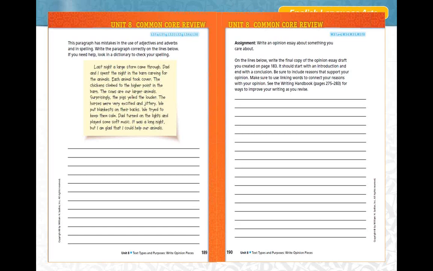Now on the right-hand side is their assignment. They have in their book an outline page that goes along with the opinion piece that they've been filling in along with when they were reading and learning about the different parts of the opinion piece. So here is where they're going to write their opinion piece and follow that outline.